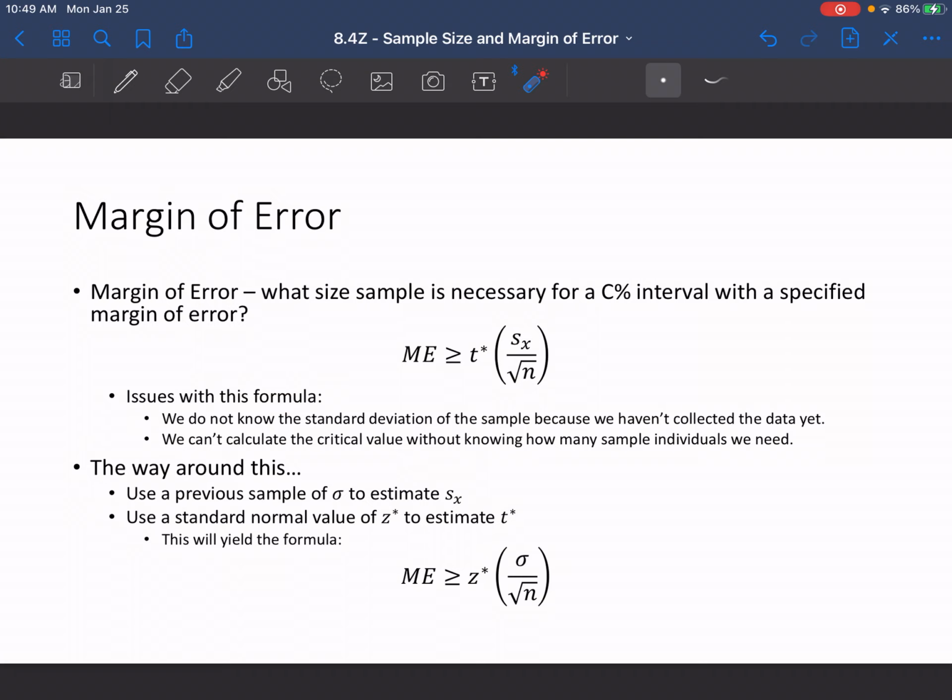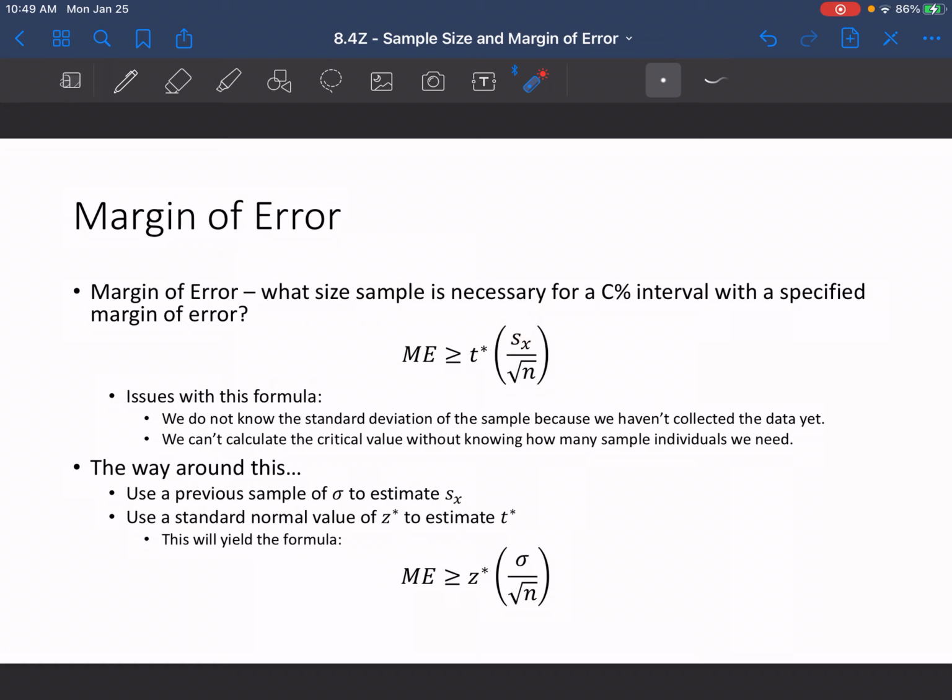First, we do not know the standard deviation of the sample because we haven't collected the data yet. We could use our standard error, but we don't even know the standard deviation of the sample, so we can't use that either.